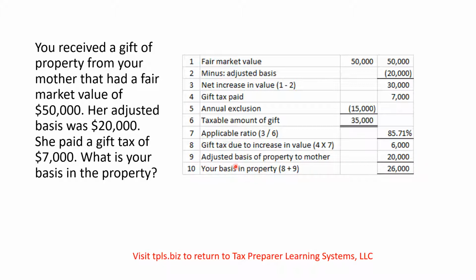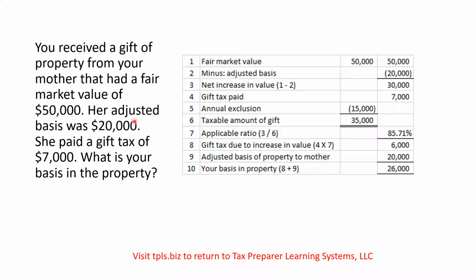Since fair market value is greater than adjusted basis, we're going to use the adjusted basis of the donor, in other words, the mother's adjusted basis, as our starting point. The complicated piece comes in that there was a gift tax paid, and we need to determine how much of that gift tax relates to the increase in value of the property.